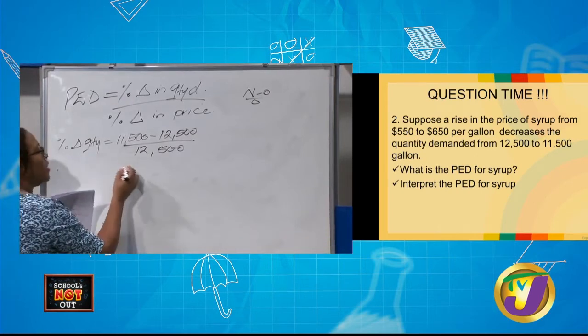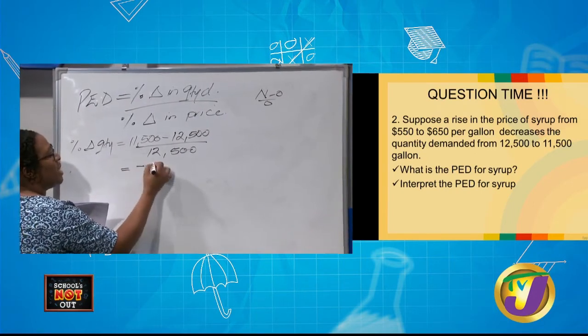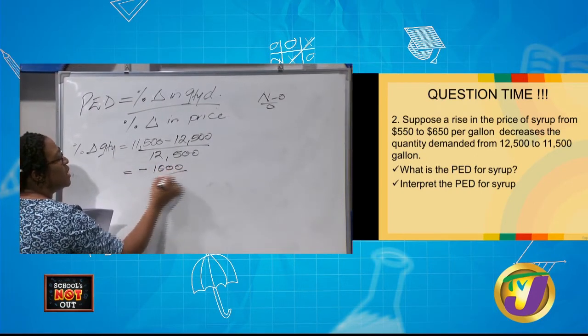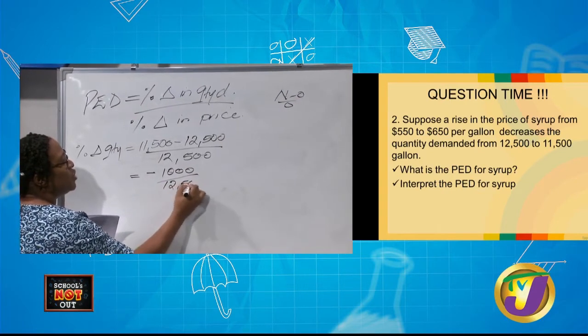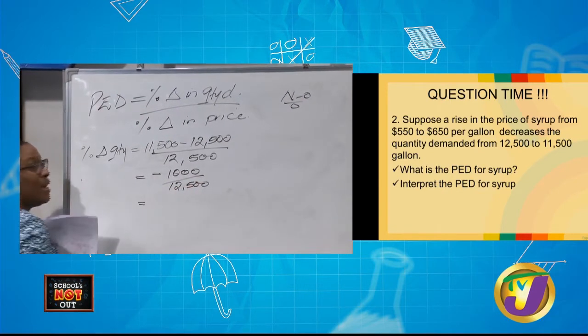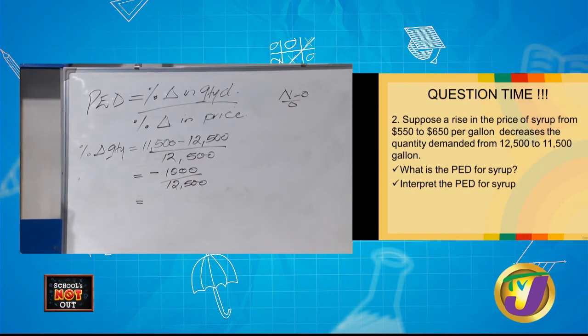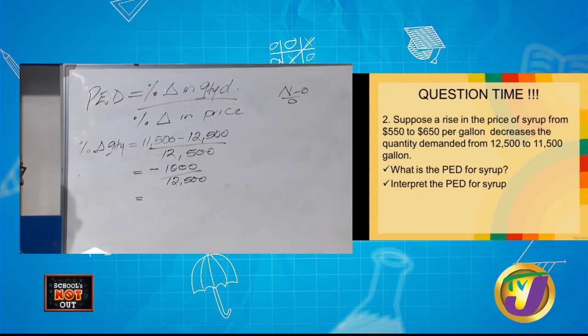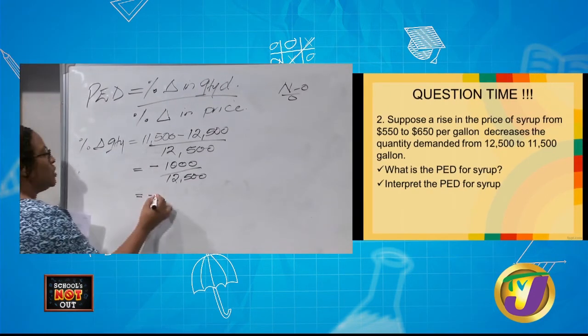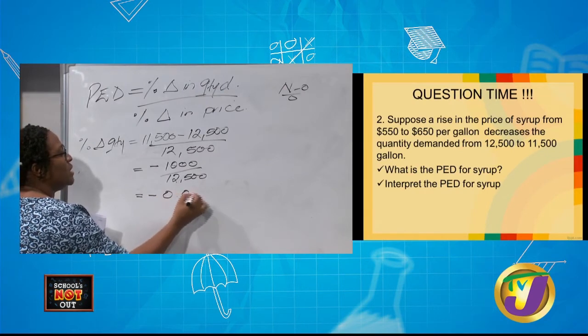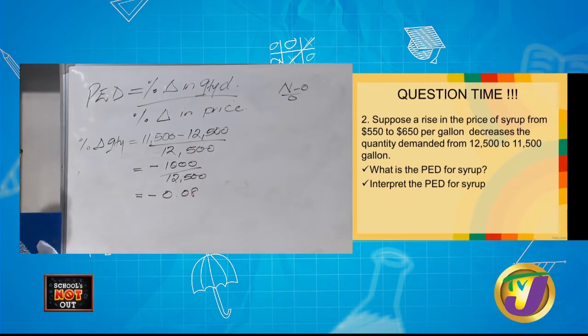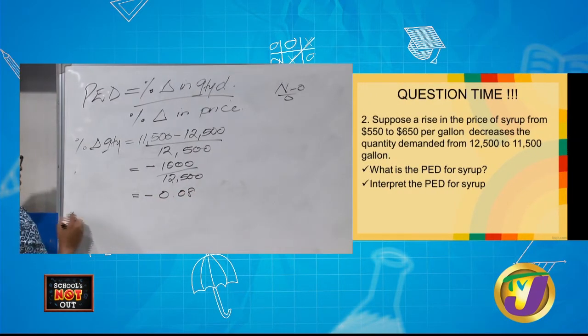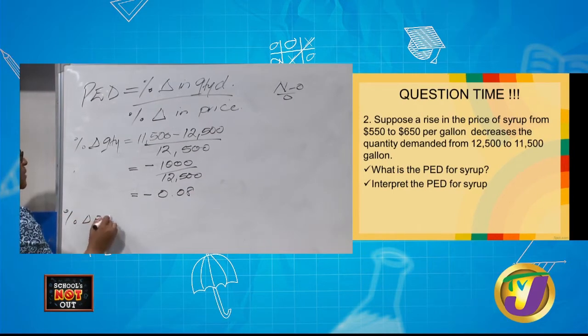So you have here now that is equal to negative 1,000 divided by 12,500. And you're working your calculators, I can hear them going. And that is equal to negative 0.08. Correct.